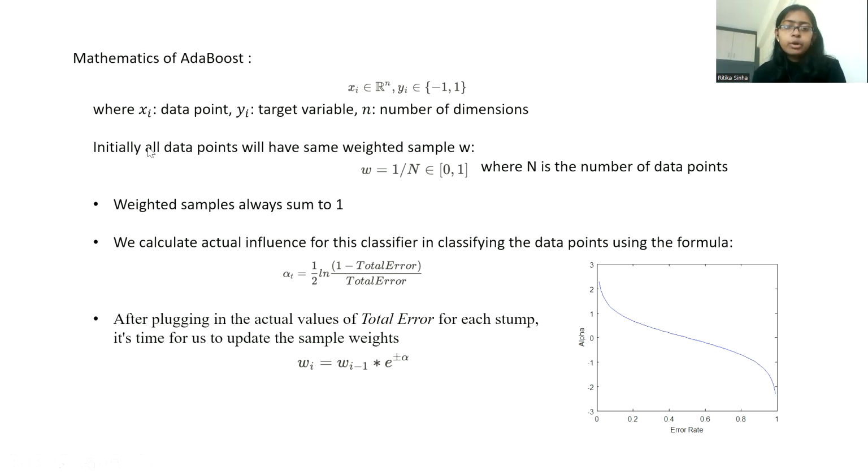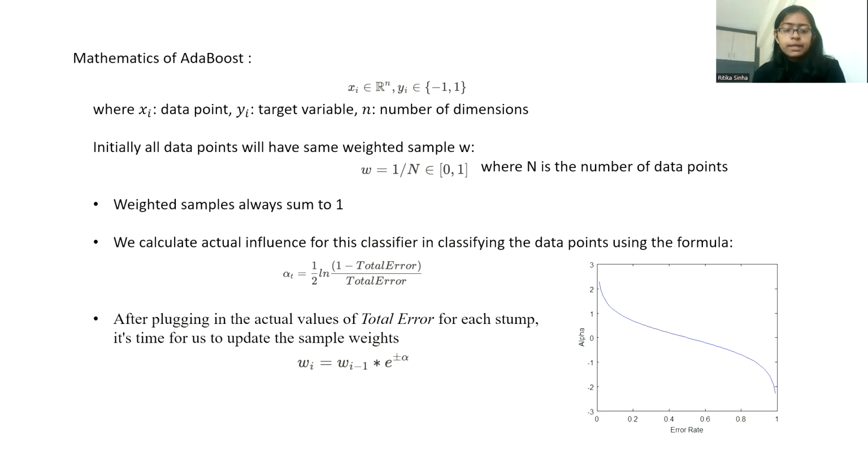Initially, all the data points will have the same weighted sample w = 1/N, which belongs to (0, 1), where capital N is the number of data points. The weighted samples always sum to 1, so the value of each individual weight will always lie between 0 and 1.